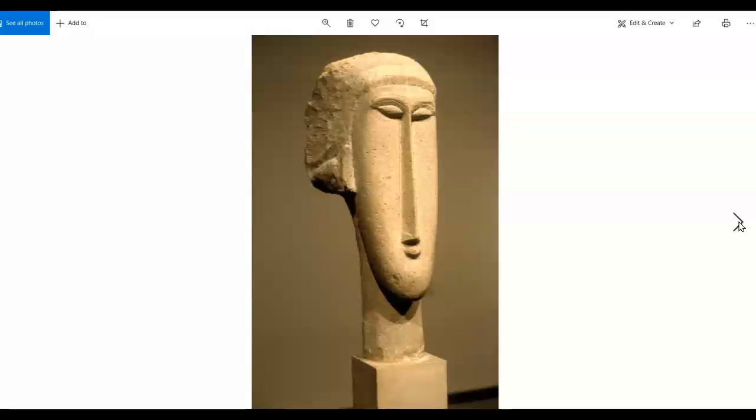This is Modigliani, an Italian, or maybe he's Swiss Italian, I'm not really sure, sculptor who was obviously influenced by African masks and purposely made the proportions on this face very exaggerated. I find it delightful and wonderful, and I love to see his pieces. It works for me.